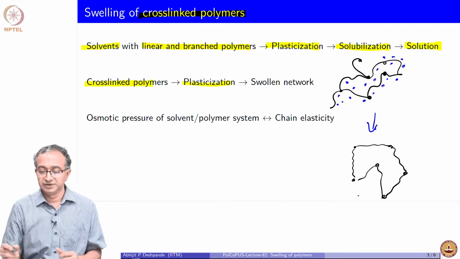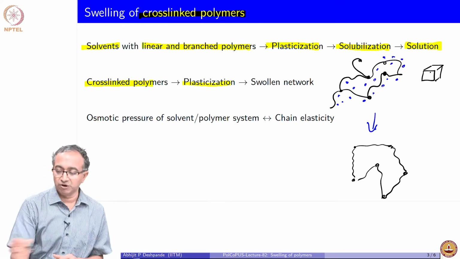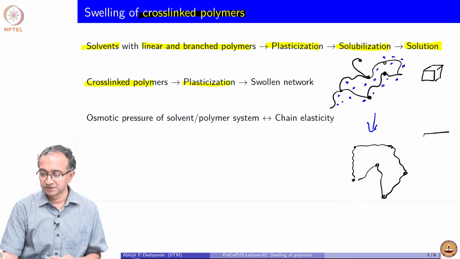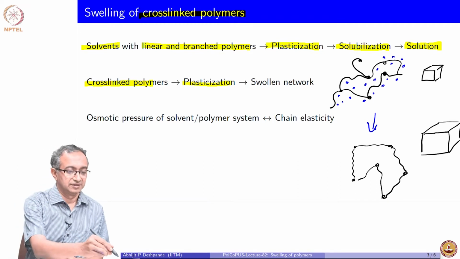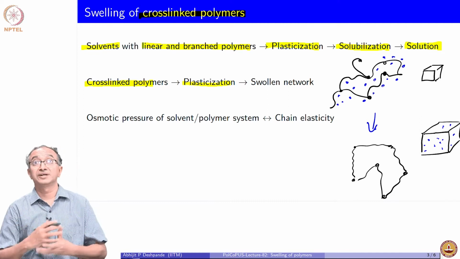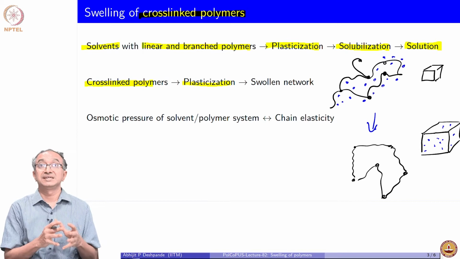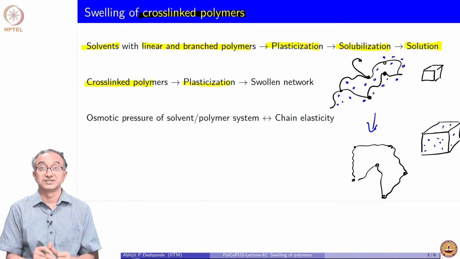So, a sample which had a certain volume becomes swollen because of these small molecules which have come into the polymer. And so, the small molecules cause the polymer sample to swell, or increase in volume, and this is possible because of the segmental flexibility and stretching of polymeric chains.